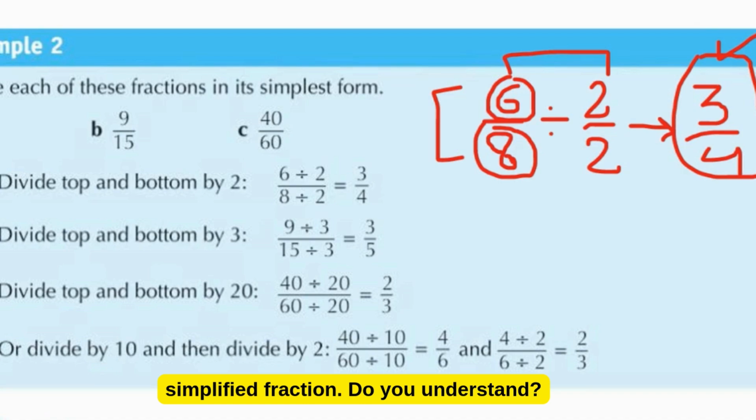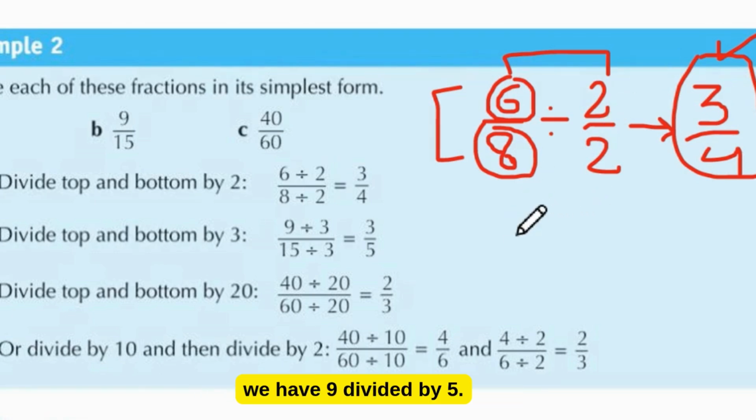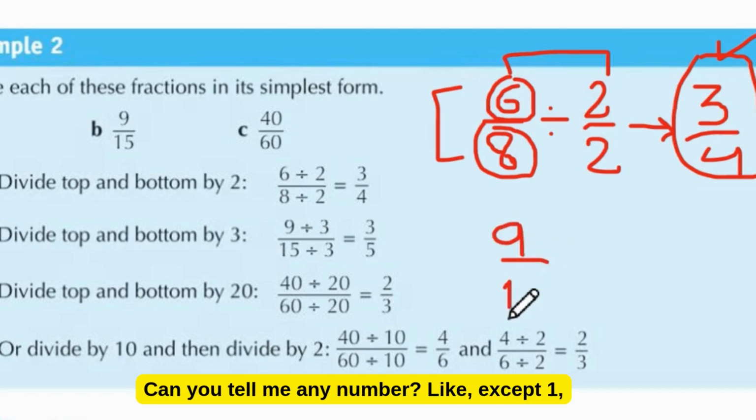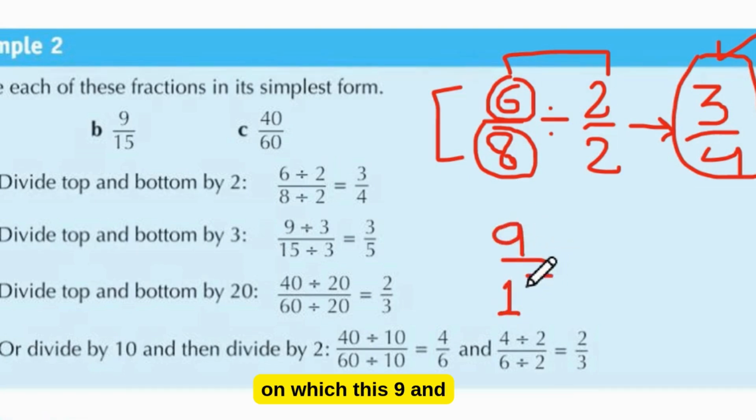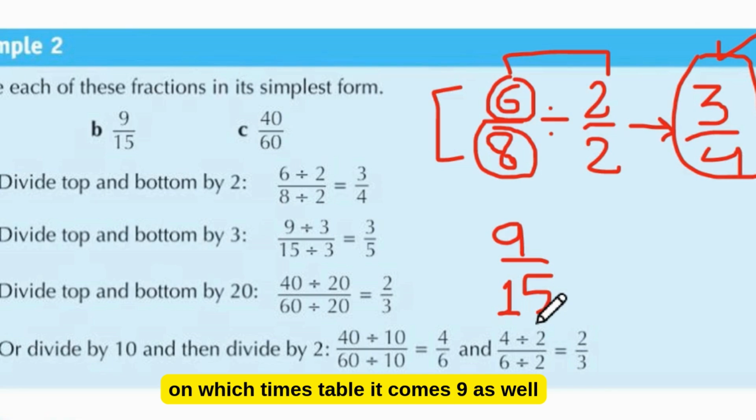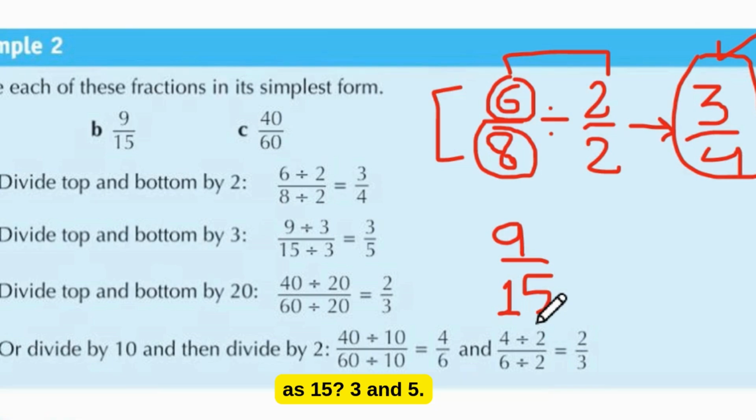Do you understand? Okay, let's do more questions. You're gonna understand more. So we have 9 divided by 15. Can you tell me any number, except 1, by which 9 and 15 are divisible? In which times table do 9 as well as 15 come? 3 and 5.